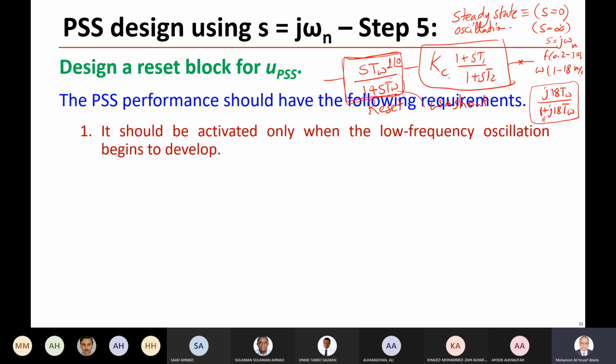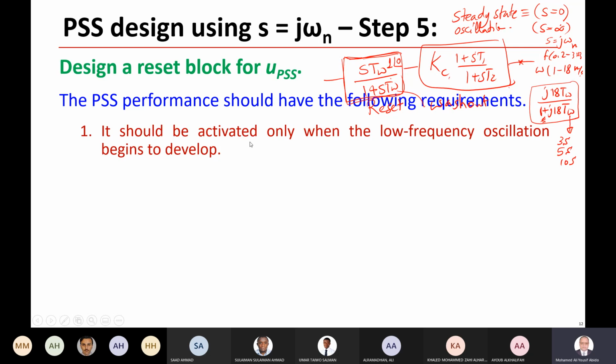In order to have this approximation, so that the 1 becomes almost 0 and we can neglect it, we need TW to be very high. TW to be 3 seconds. So this becomes j54, and 1 compared to j54 we can of course neglect, or 5 seconds or 10 seconds. So this is the way you can set TW here.